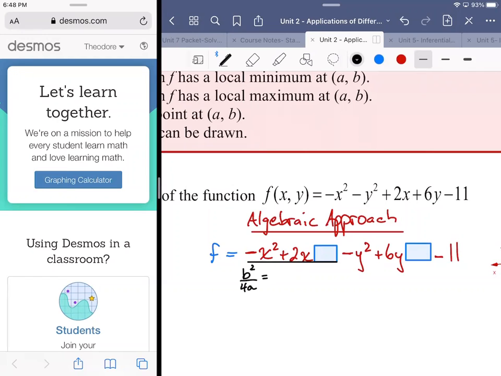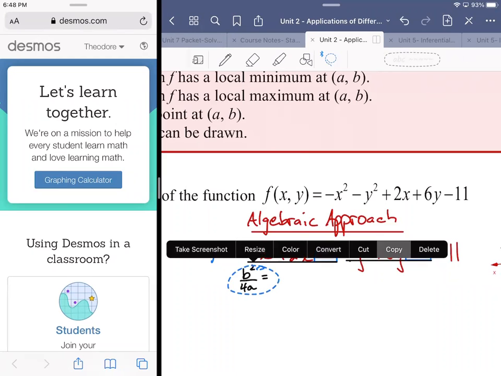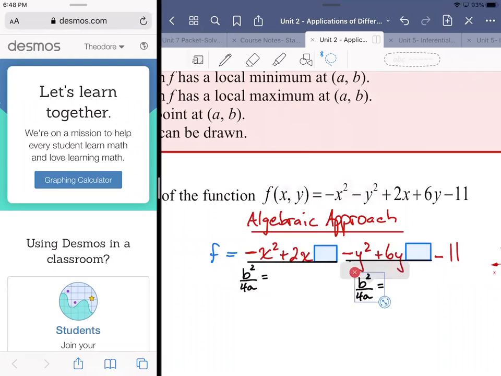If you're comfortable completing the square, then by all means do it any way you want, as long as you get it right. So for each trinomial, we compute b squared over 4a.